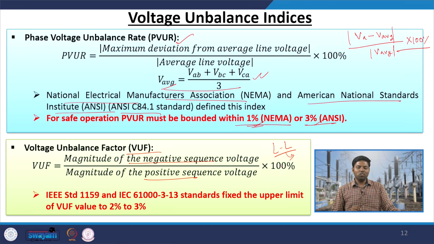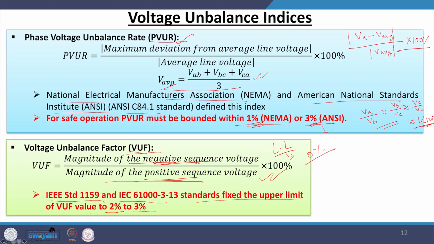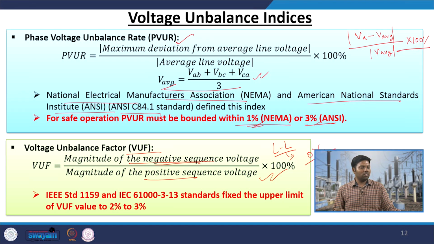Then in zero sequence you will not get anything. So if you do it only with zero sequence by positive sequence, then you will say my VUF is very good, that is 0%, because your zero sequence portion is 0. But that is not the case, you have an unbalance in your system.